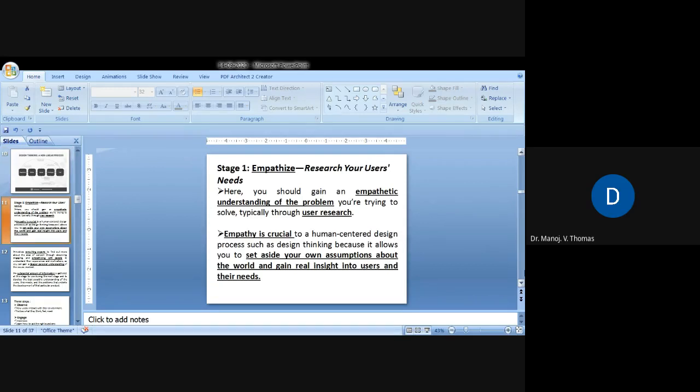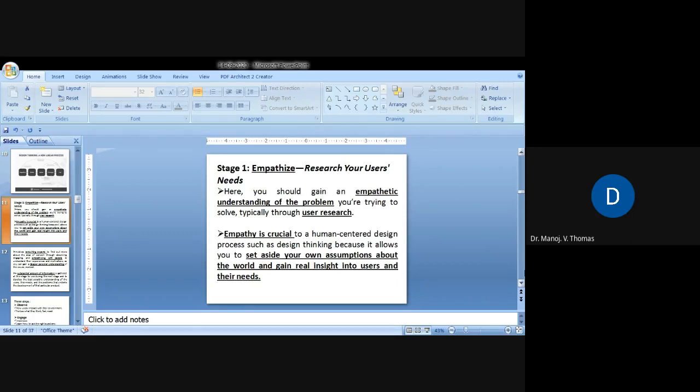What is empathize? Probably you would understand the difference between sympathy and empathy. Empathy is a higher degree. When you sympathize with your friend, you know that he is worried, and you say, oh my God, it's very bad that this happened to you. That's all.